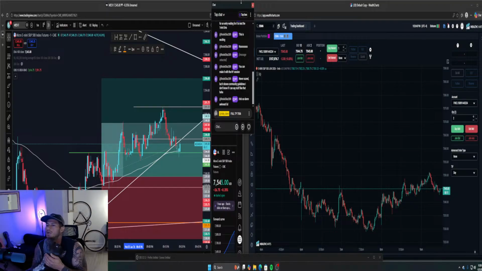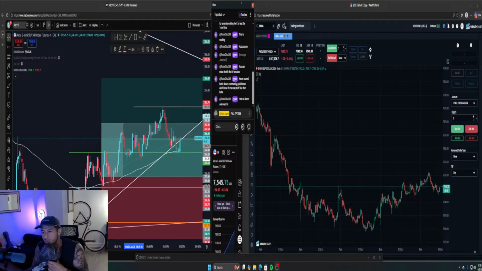But I still think this trade will play out to full TP. So for anyone that's in the trade, I would say hold this trade. We go for full TP. I'm already out. I already hit my full TP, but anyone still holding the trade, I would say keep holding it because I believe we will go for full TP. I would love to see it hit before I get off stream, so that way I know you guys hit.